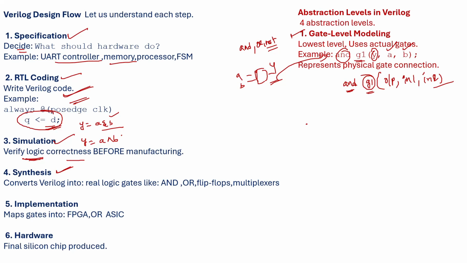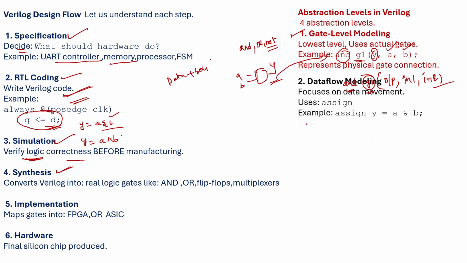This is the lowest level modeling style. Most of the time we are not going through gate level and switch level. Most engineers go through the data flow model and the behavioral model only. The next one is the data flow model, which is used for continuous assignments.